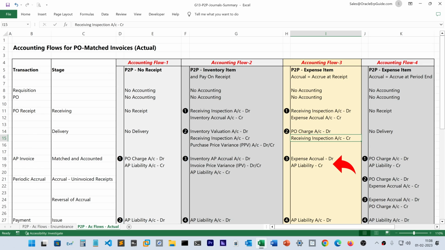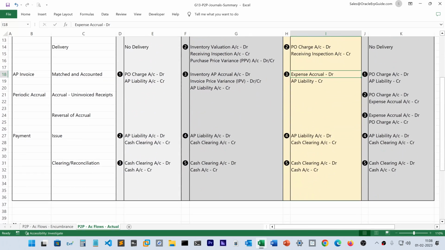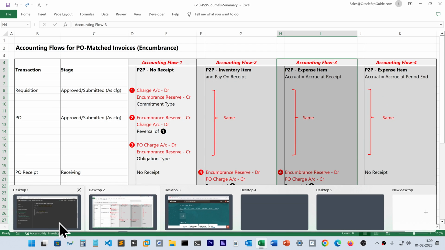Then comes the stage of AP invoice being matched and accounted, matched to the PO. The expense accrual account is debited, which is the same account as this, and AP liability is credited. Payment is the same, AP liability debit, cash clearing credit, and the cash clearing debit, cash account credited. So that completes our flow number 3, and move to our guide.